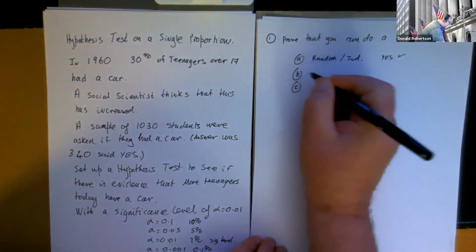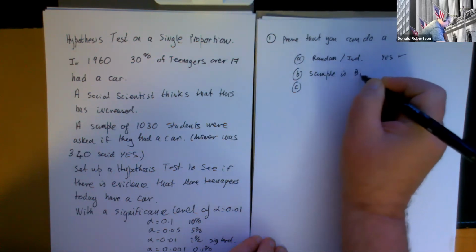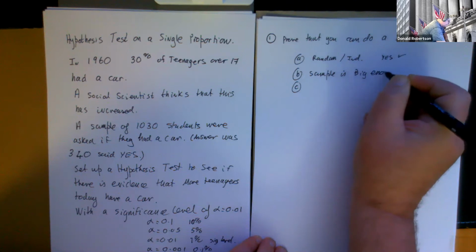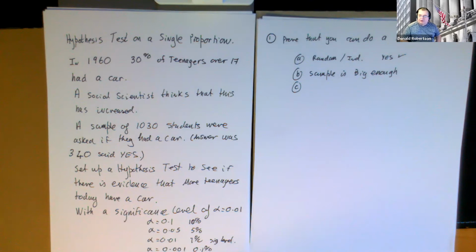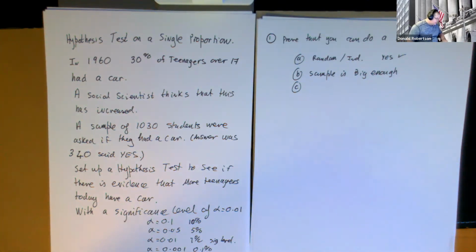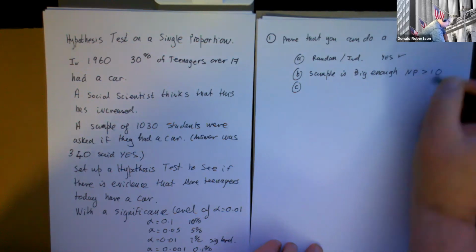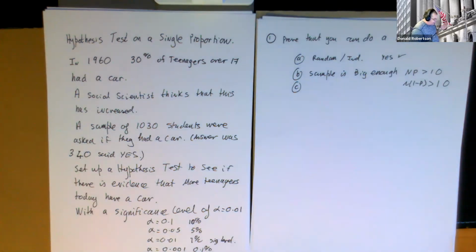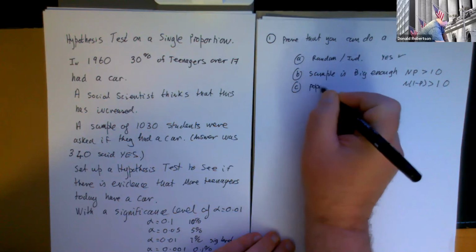The second thing is that the sample is big enough. There's a test involving something being bigger than 10 that you can use to do that. It's np bigger than 10, and then 1 minus p bigger than 10. In this case, it's true. The last one is that the population is big enough.